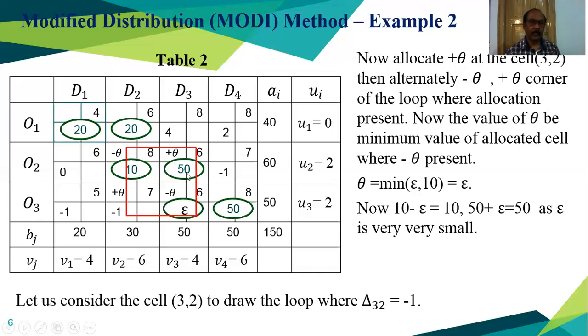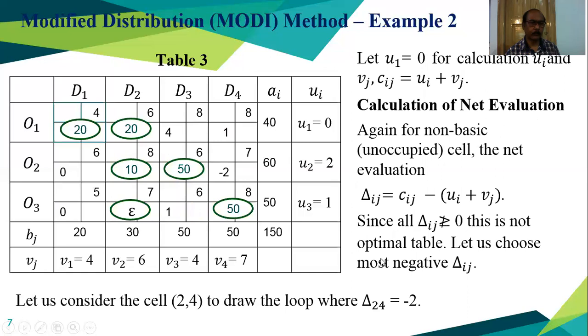Now 50 plus epsilon will be 50 because epsilon is very small. And this becomes an empty cell and epsilon shifted here. So we will get the next table. Now this is our new allocation.